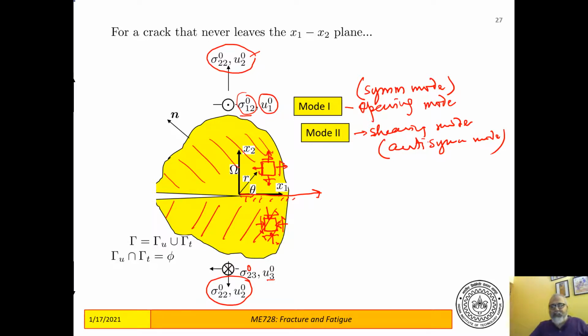So mode 3 is an anti-plane mode. Mode 3 is an anti-plane mode because the stresses or displacements that you give at remote boundaries are not in the plane. So this is mode 3, or the anti-plane mode.